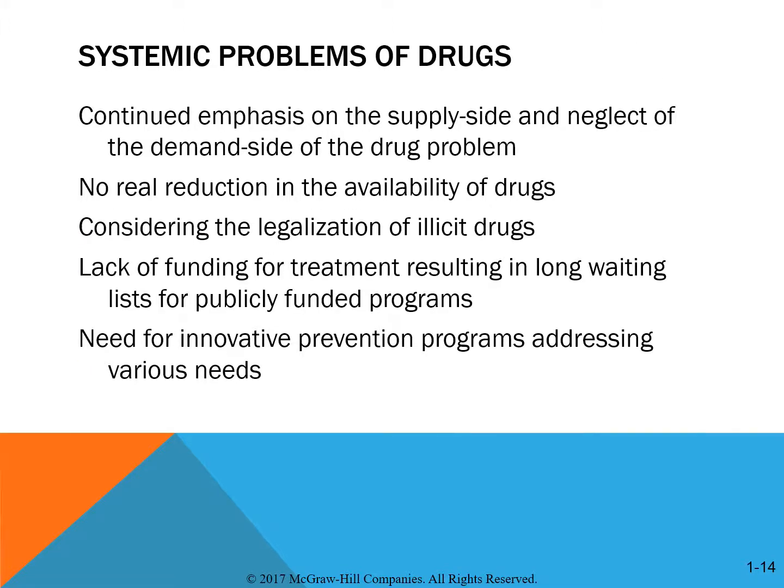Creative solutions are needed. The continued emphasis on the supply side and the continued neglect of the demand side of the drug problem perpetuates a continued cycle of use and abuse of drugs and alcohol. Despite the high costs of supply-side interventions, there has been no real reduction in the availability of drugs.